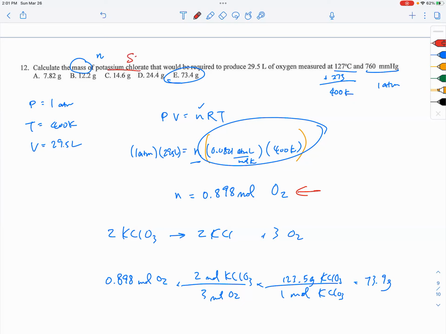Potassium chlorate is a solid. It's not a gas. So you find out the moles of the O2 gas, and then you just use stoichiometry to find out the moles of potassium chlorate and then the mass of potassium chlorate.